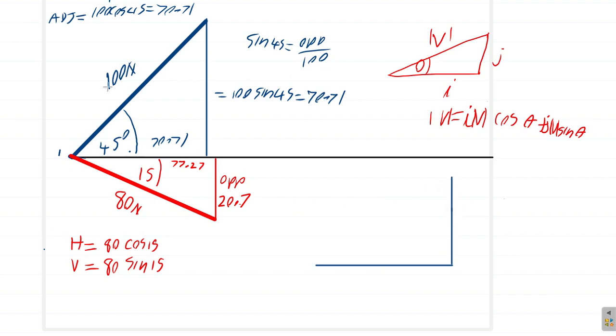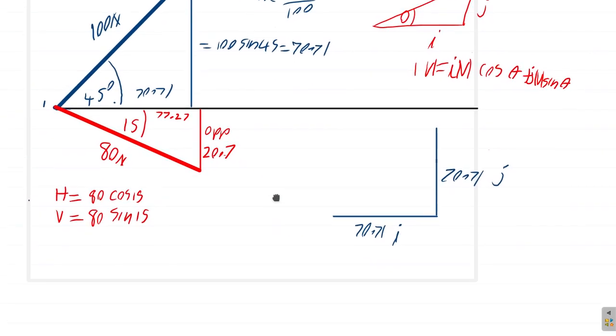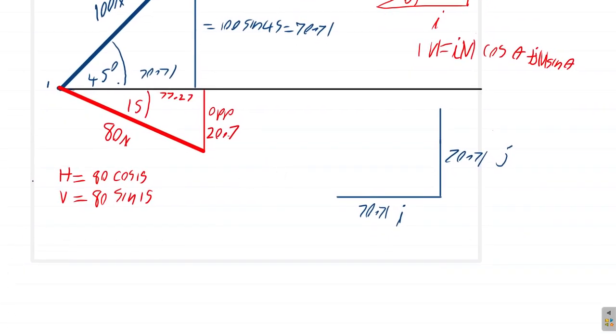So let me make it look similar: 70.71 J and 70.71 I, same going across and up. And then the red vector, you go this way and down, and we are looking at 77.27 and 20.7.